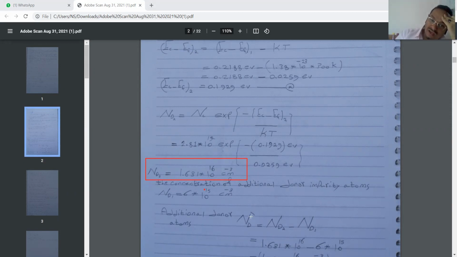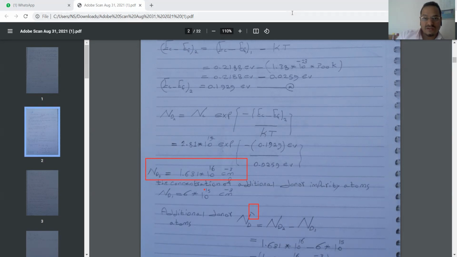I use this prime to know the difference between these, because actually we're using the same ND. How can I be sure which one I use? ND prime, the additional donor atom at the construction band, equals ND2 minus ND1. Now I have all of these results, ND1 and ND2. That's easy.